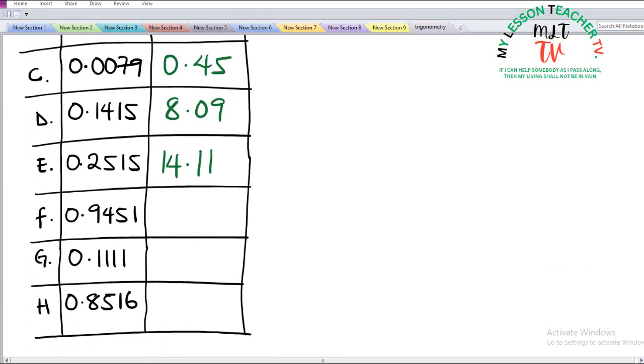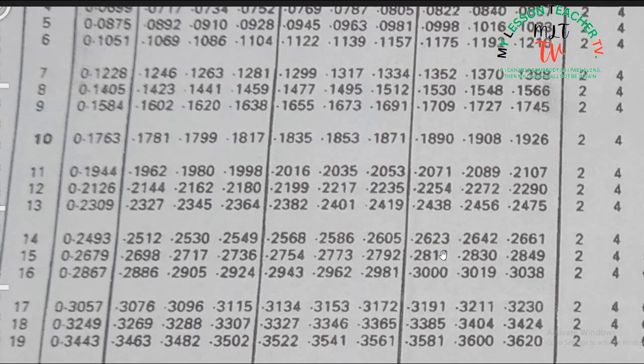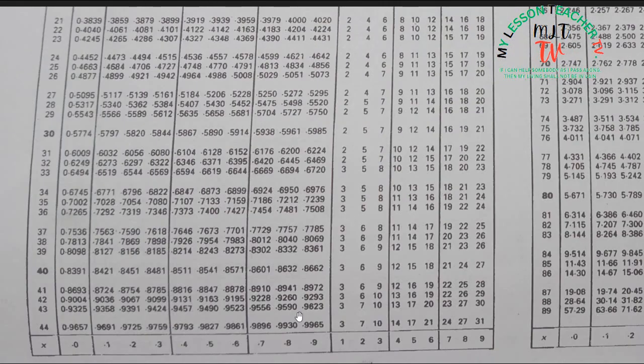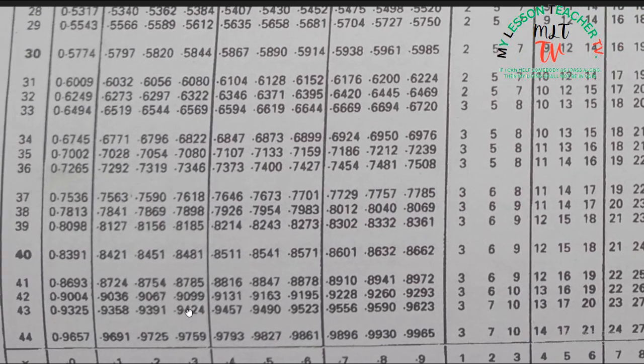Next is 0.9451. We have 0.9457, and 0.9424.